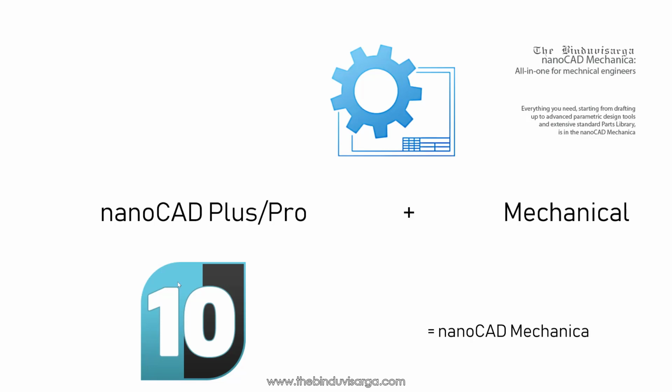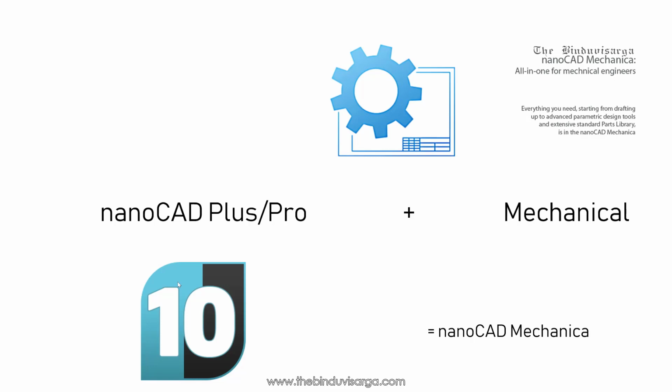You can choose on the basis of your projects or needs. nanoCAD Plus basically is without 3D and parametric functions, but if you go for nanoCAD Pro as a base, you will get the 3D and 2D parametric functions, right?